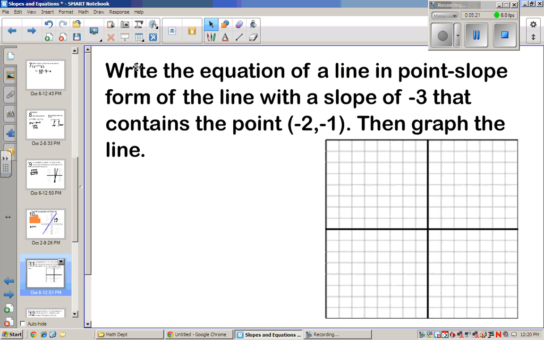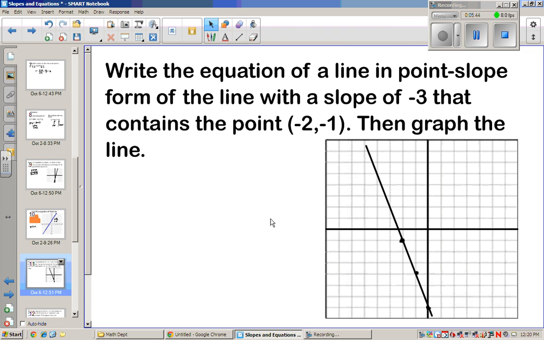Great. So now it says write the equation in point-slope form with a slope of 3 and the point -2, -1. So -2, -1 is our point. Now we have a slope of 3, -3, so I go down 3 over 1, down 3 over 1. Once we have a couple, we can draw a line through it. I was a little off there.